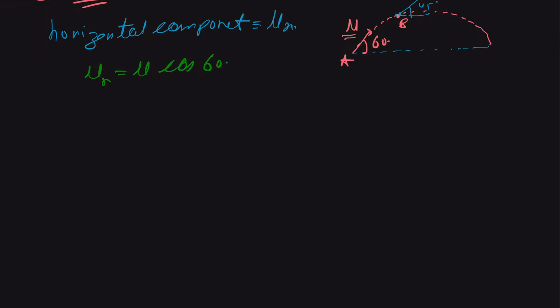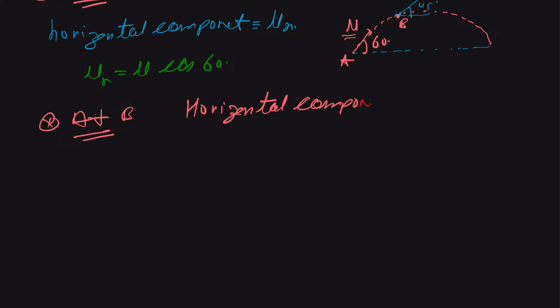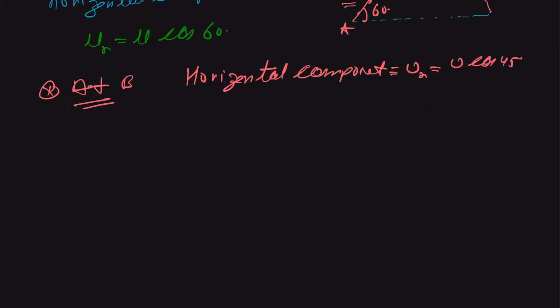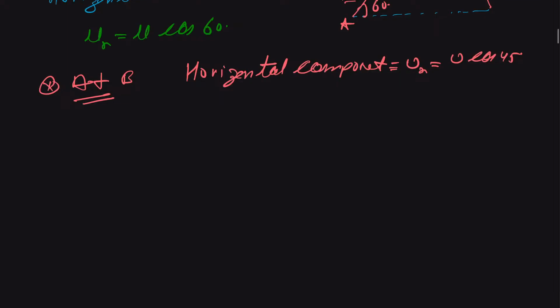Then we come to B, and once again we write the horizontal component, and let us call this v of x, which will be equal to v cos of 45. And we already know that these two will be same.